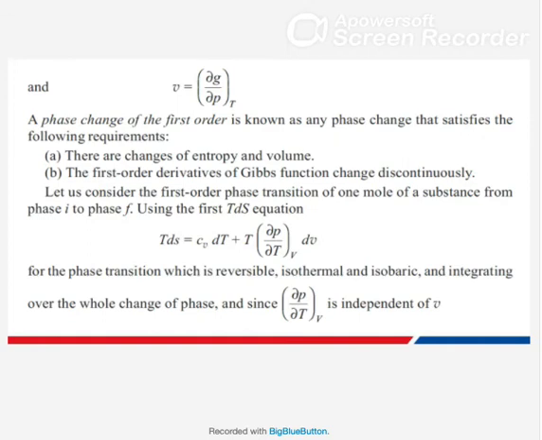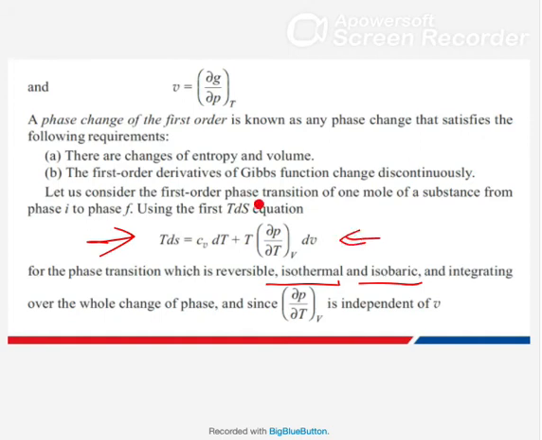Now next, we have this TdS equation: TdS equals Cv dT plus T dou P by dou T at constant volume dV. Now for phase transition, we know temperature and pressure are constant.